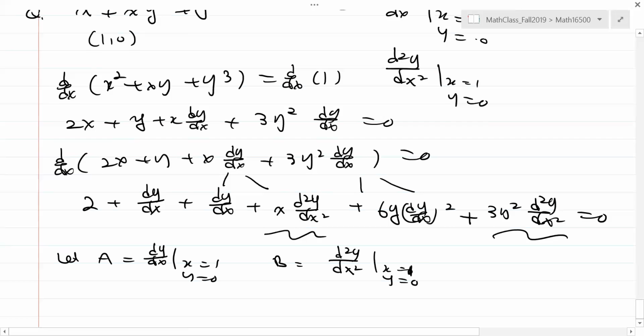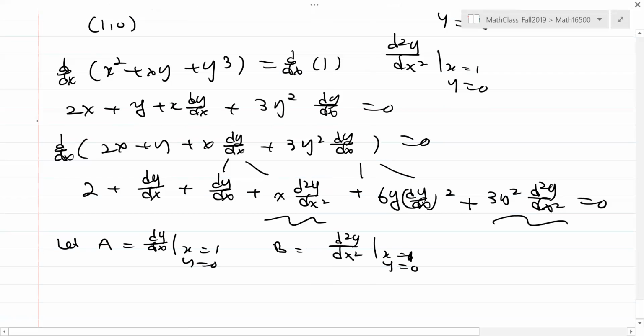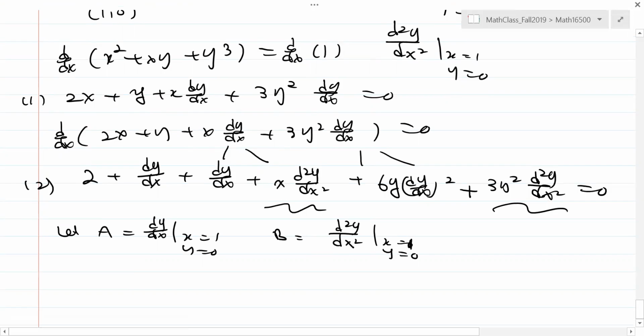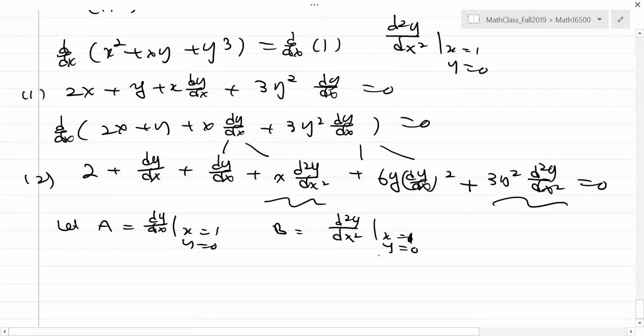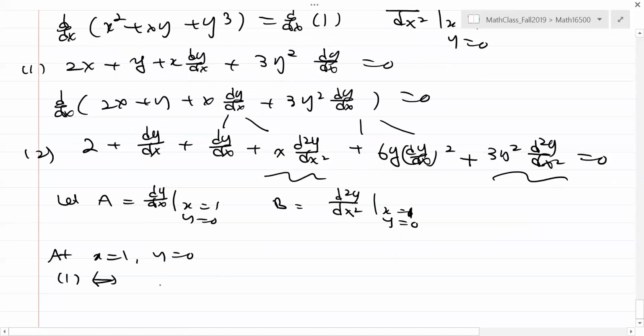All right, then I restrict the first equation and the second equation to the point x equals 1, y equals 0. The first equation becomes 2 plus 0, and when x equals 1, that's just a, plus 0 because y is 0. So the first equation is just 2 plus a.